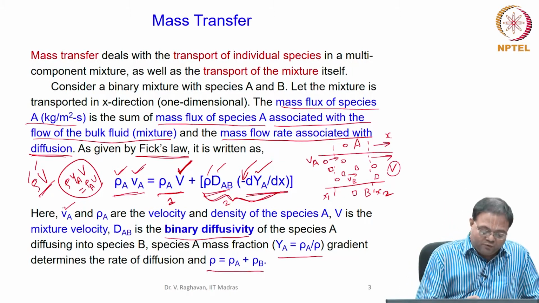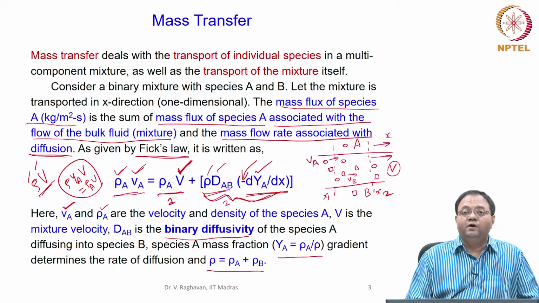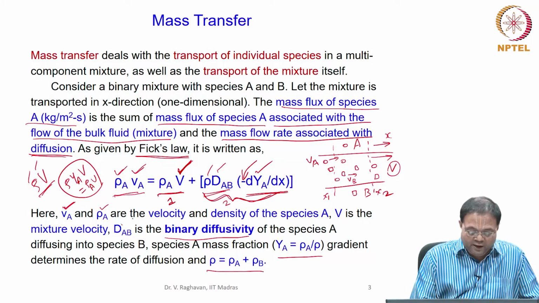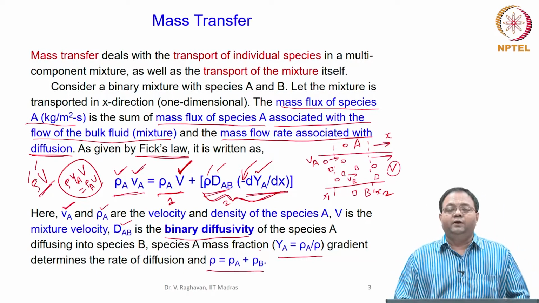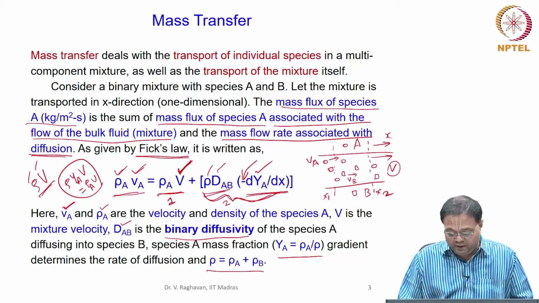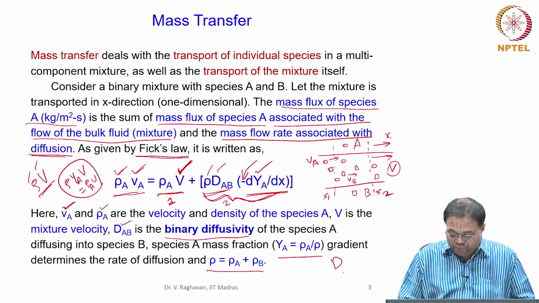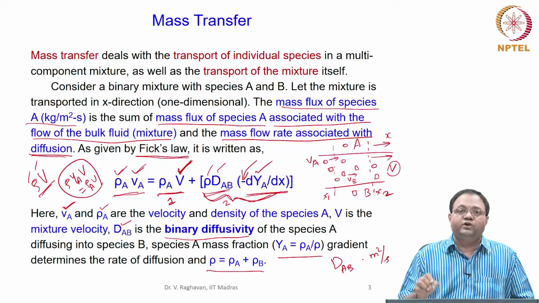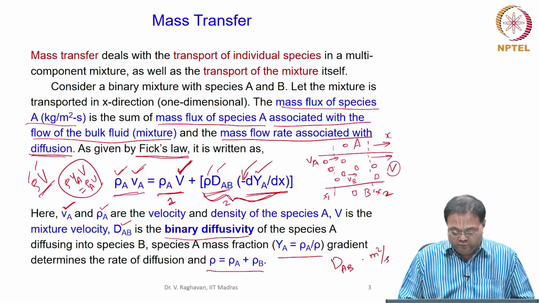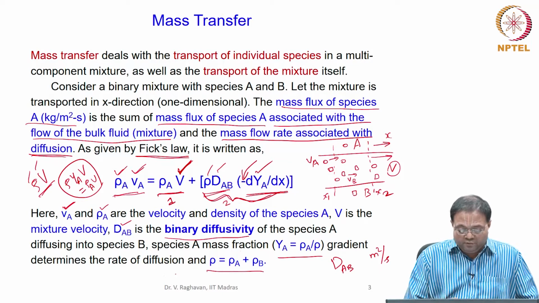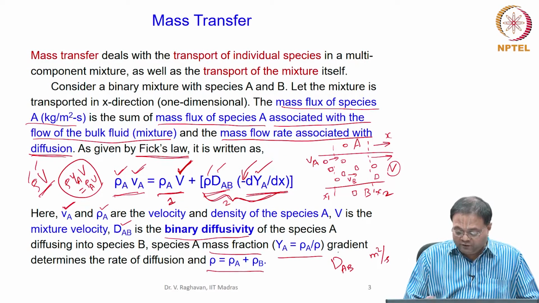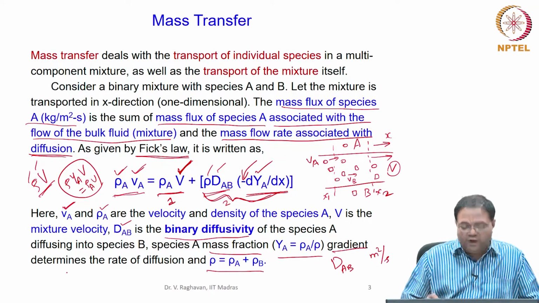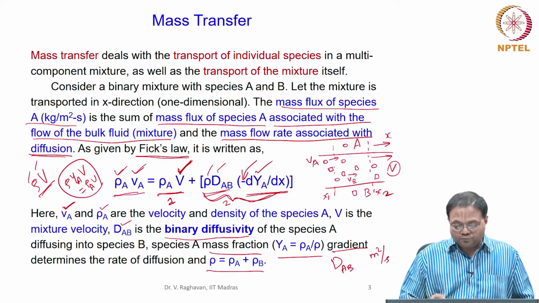So the species velocity is VA, the density of the species A is rho A, and DAB is called binary diffusivity, which is a property of any pair of species A and B, and DAB has a unit of meter square per second. It is a diffusion coefficient basically, and it is a property. And the diffusive transport of species A is dependent on the mass fraction gradient, or in general the concentration gradient of the species A. So this is very important.